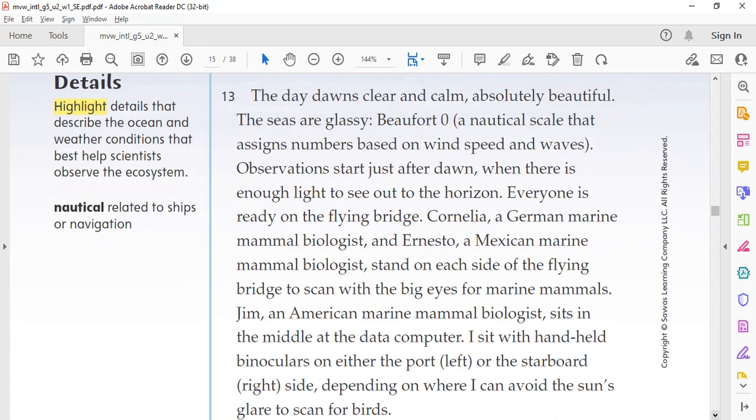So guys, I've read it for you. I'll give you 2 minutes to identify details that describe the ocean and that describe the weather. Your 2 minutes start now. You can use the chat box to send me the answers.